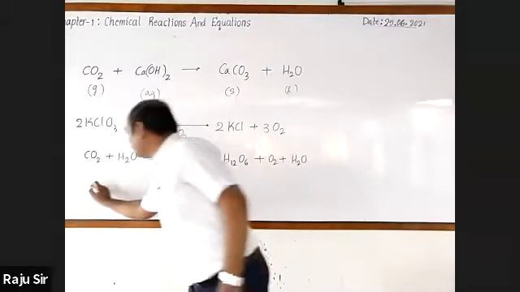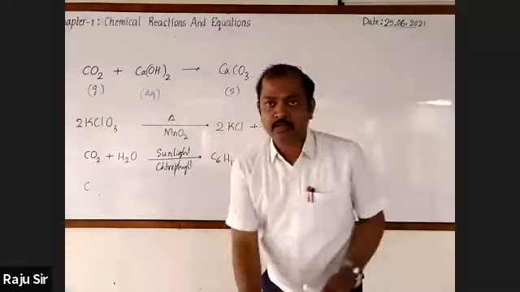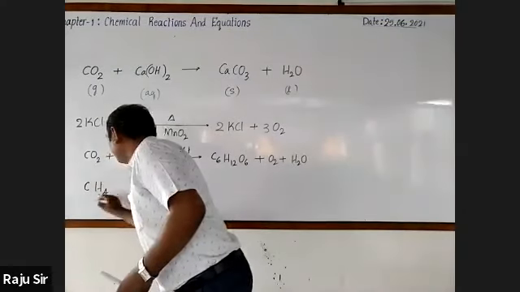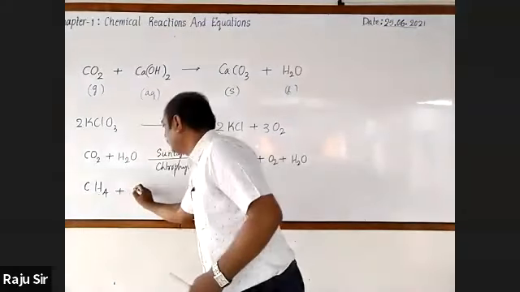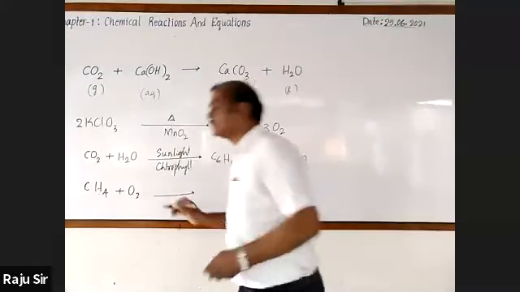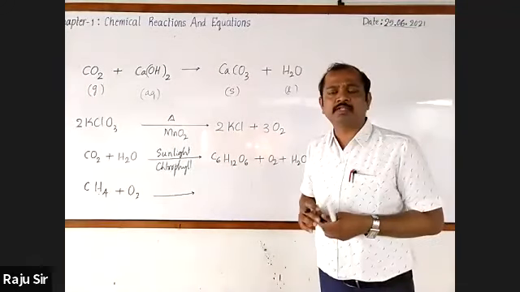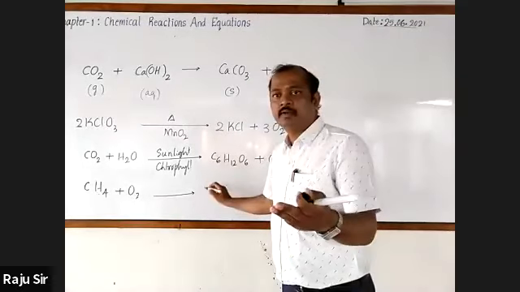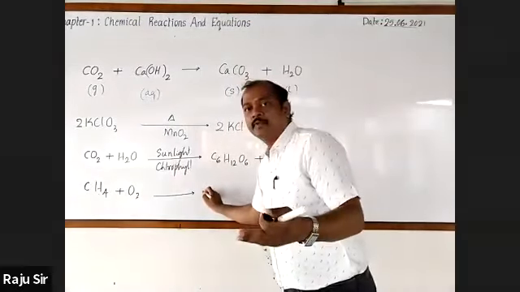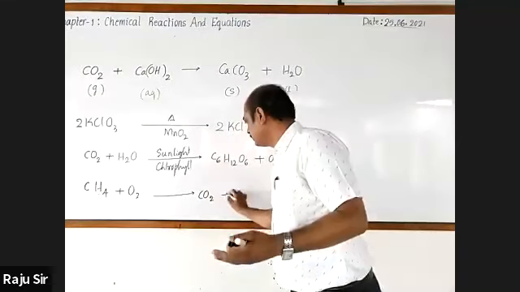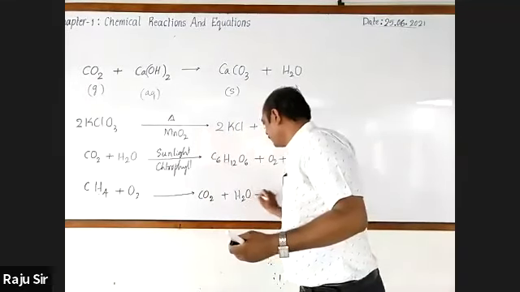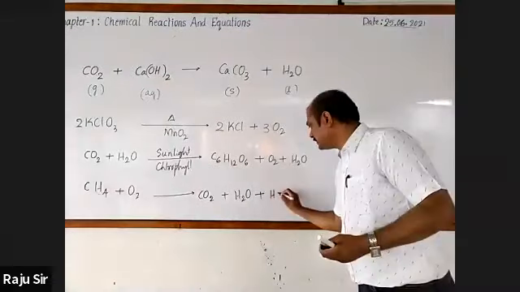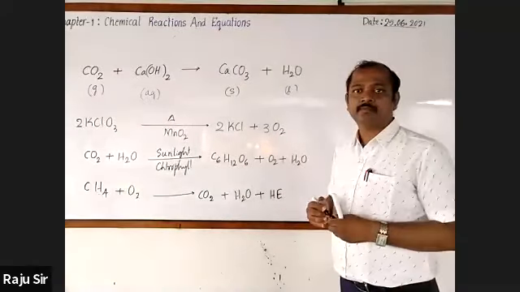Another which is very familiar to you: we have already come to know that methane reacts with oxygen. When these two undergo a chemical reaction, what will happen? Please tell. Carbon dioxide, water, and it also produces a large amount of heat, that is, heat energy.